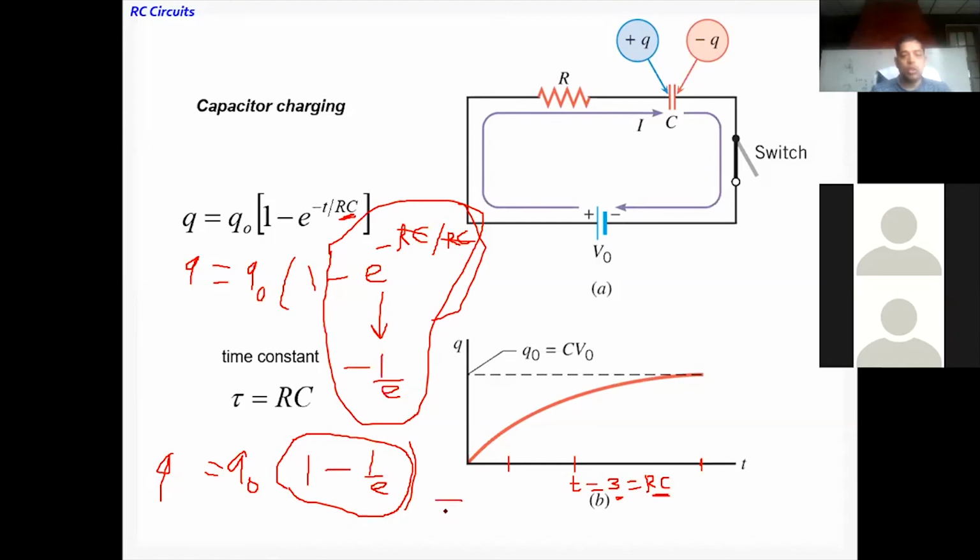So it equals 0.63 times Q0, right? So if Q0 is 8, how much is your Q now? 5.04.